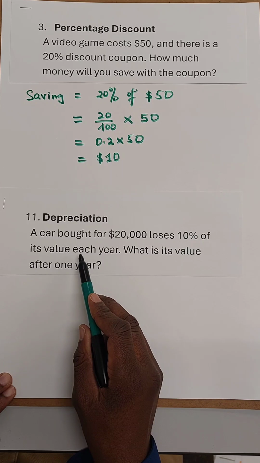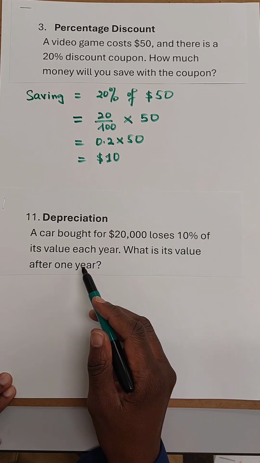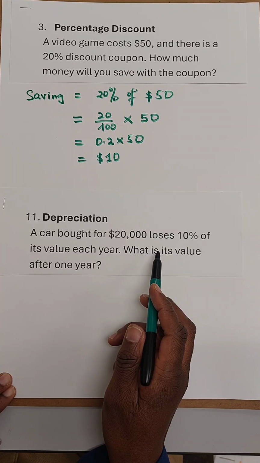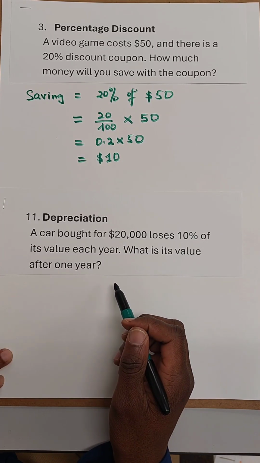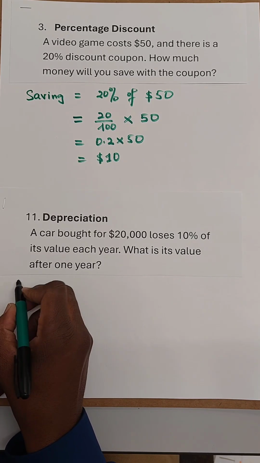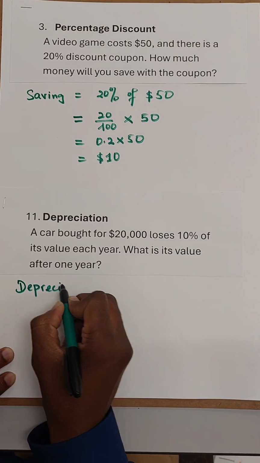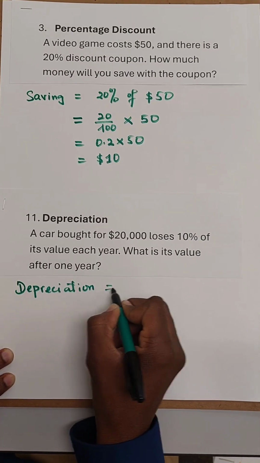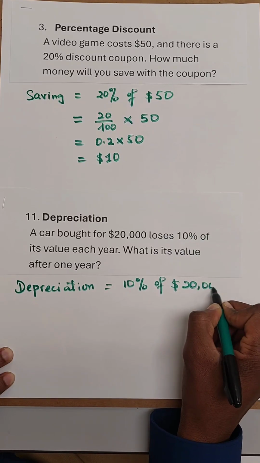the depreciation on a car that was bought for $20,000. It loses 10% of its value each year. What is the value after 1 year? Okay, so 10% of it will be lost each year. So the depreciation is 10% of its original cost of 20,000.